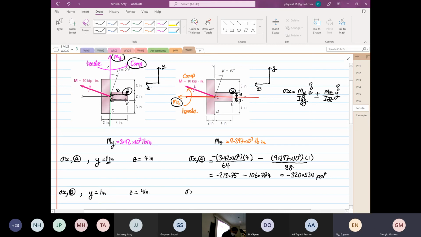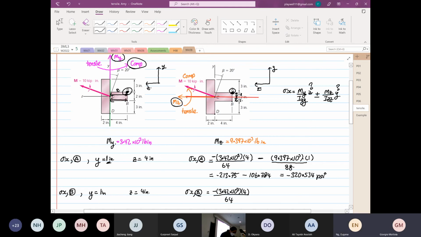So now you look at the moment about Y. If you look at the moment about Y, point B will also be compression. So minus 3.42 times 10 to the power 3 multiplied by 4 divided by 64.